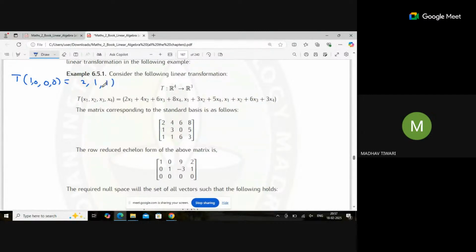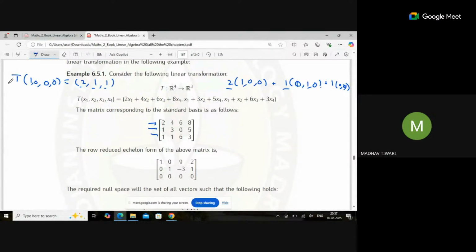No, yeah, that's fine. So what is it? 2 1 1. If I write it down, how can I write it? Twice of 1 comma 0 comma 0 plus 1 times 0 comma 1 comma 0 plus 1 times 0 comma 0 comma 1. So 2 1 1 I got, and I wrote it here.